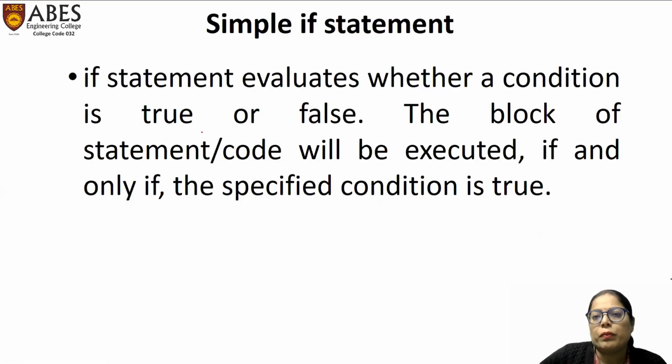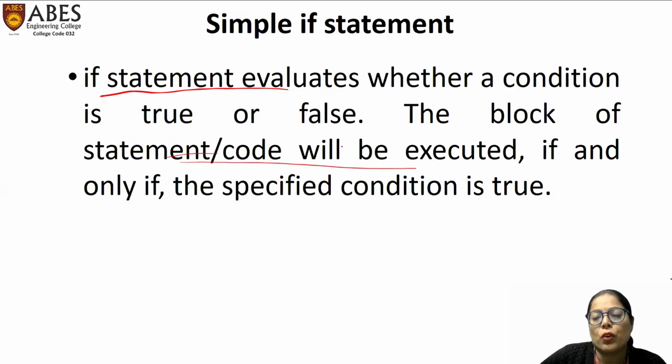Now, we have the simple if statement. Simple if statement or if statement, both are the same thing. If statement tries to find out whether the given condition is true or false, and mark this, if and only if the condition is true, then the statement or code will be executed.